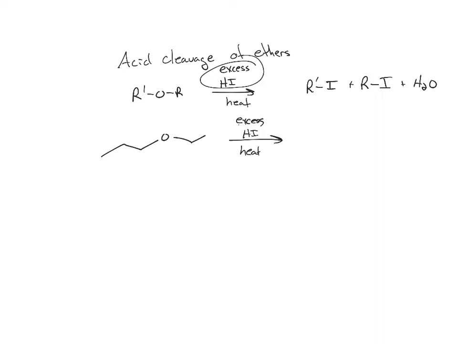You're going to cleave the ether carbon-oxygen bond on either side. Replace those bonds with C-I bonds. So in this case, you get two products, one propyl iodide plus ethyl iodide. Again, I'm not interested in a water molecule. I'm only interested in the organic products.